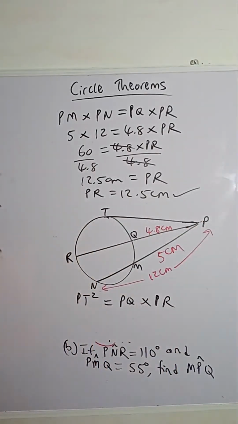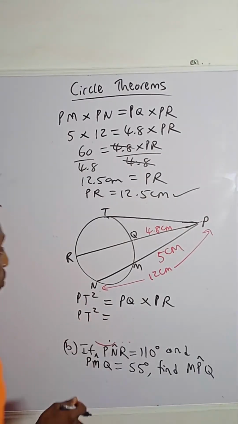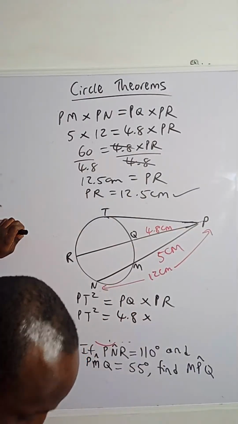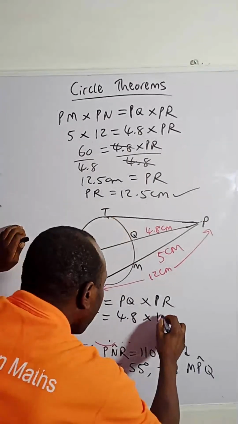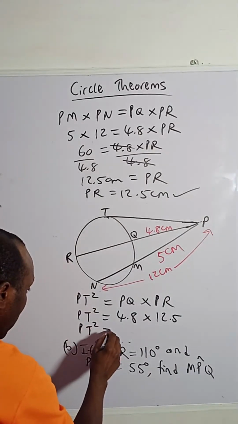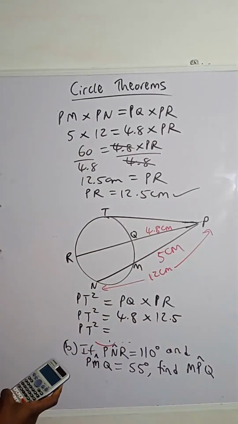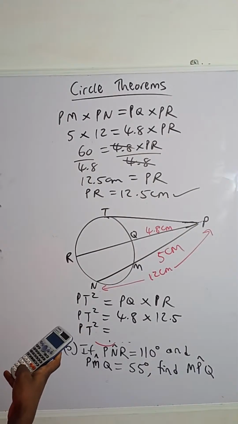Yes, that's it. So you have PT squared is equal to PQ, which is 4.8, and PR is what we've just got, 12.5. So PT squared is equal to 4.8 multiplied by 12.5. So 12.5 times 4.8 is going to be what?